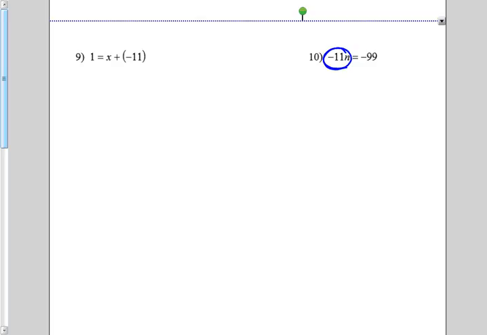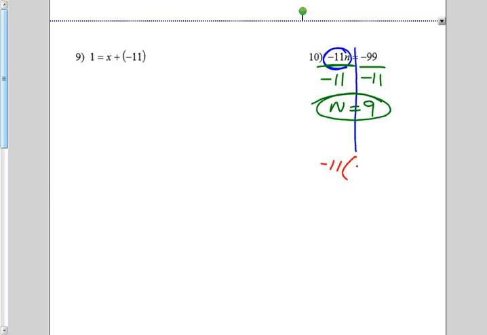Divide both sides by that number. And again, we want to check, is negative 11 times 9 equal to negative 99? And as it turns out, you bet, it is.